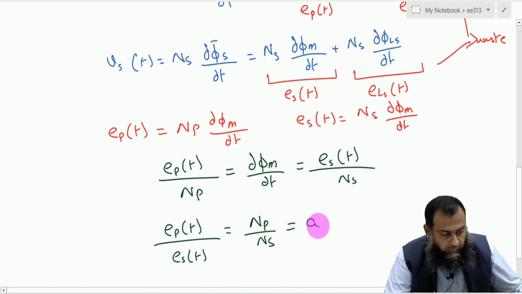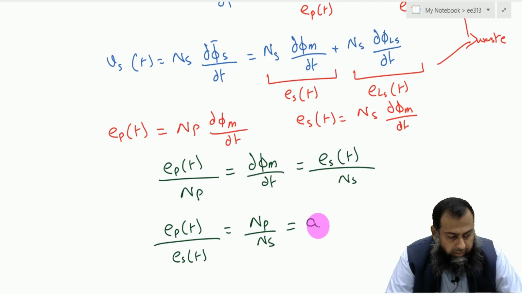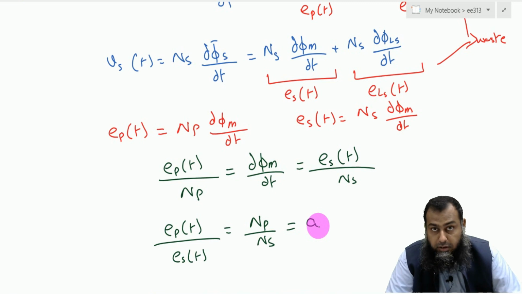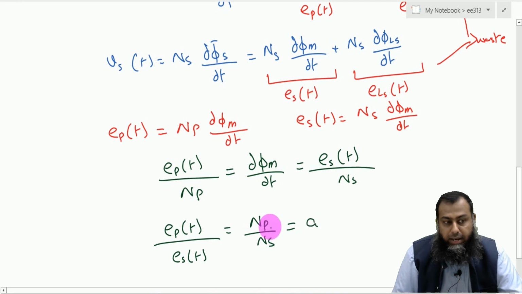So you can see that the ratio of the voltage induced in the primary winding to the voltage induced in the secondary winding is dependent on the turn ratio of the transformer, which is N1 over N2, or Np over Ns.